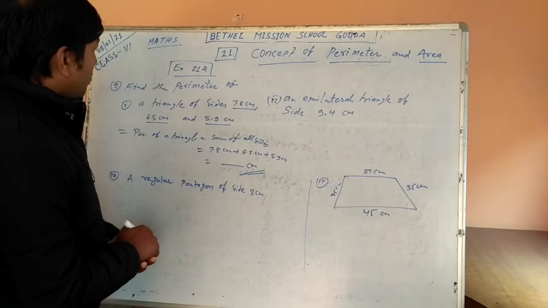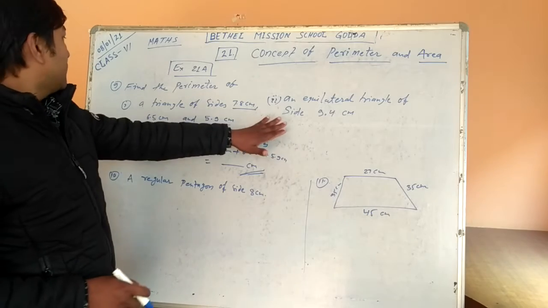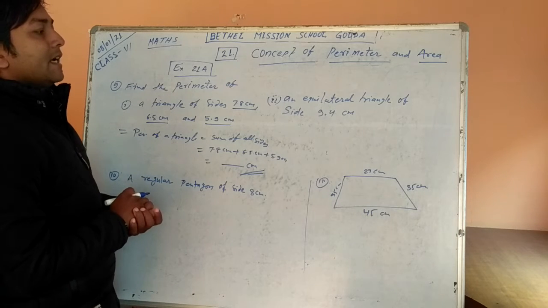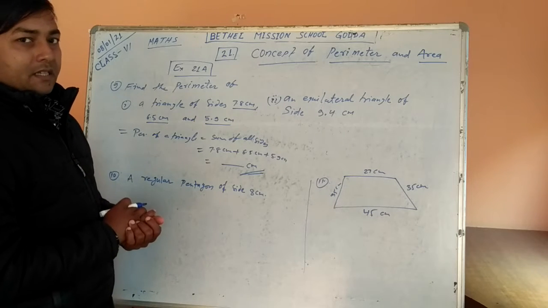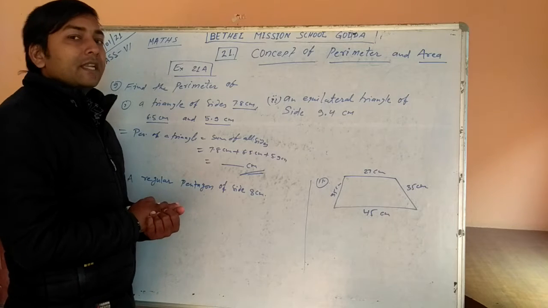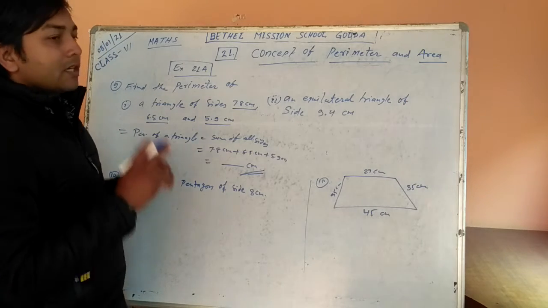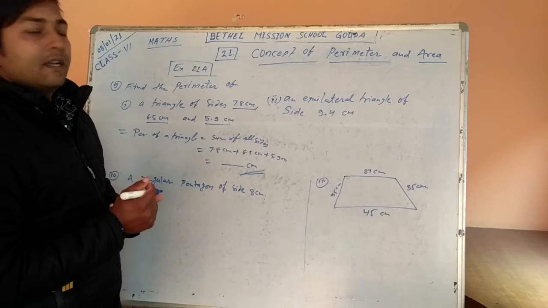Okay, and now second number, an equilateral triangle of side 9.4 centimeter. The triangle is equilateral. In an equilateral triangle, you know already that all sides are equal.